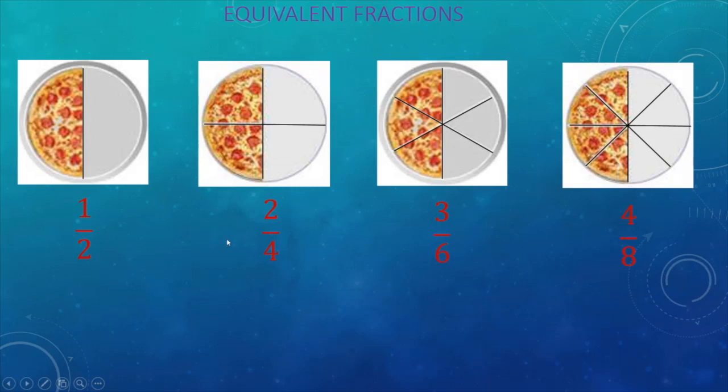So 1 over 2 is equal to 2 over 4 and equal to 3 over 6 and also equal to 4 over 8. Those kinds of fractions we call equivalent fractions. Even though they have different numerators and denominators, they have the same value.